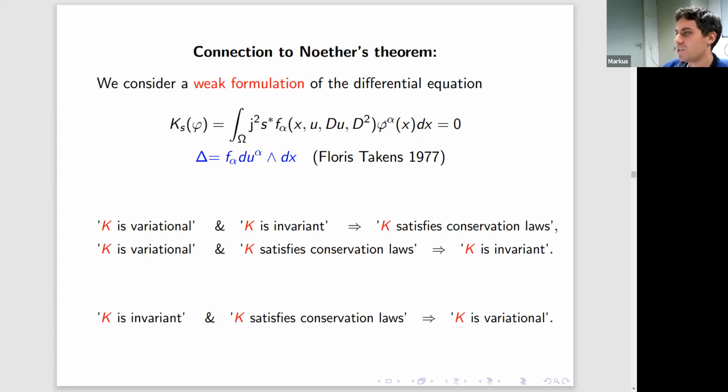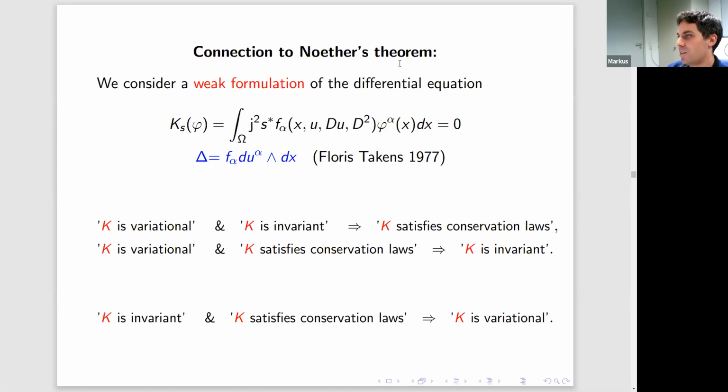And then this test function will be identified by this differential du^alpha wedge dx, the volume form on M. I think Floris Takens was the first who used this object in a paper written in 1977. I'm not exactly sure, but I think he was the first. And then you can do more advanced calculations. But for the talk, I decided to formulate everything with the K. There's a direct correspondence to this object, so it's basically the same, more or less.